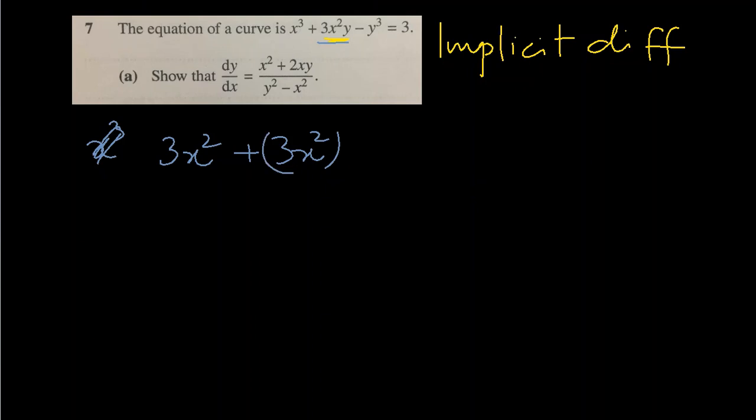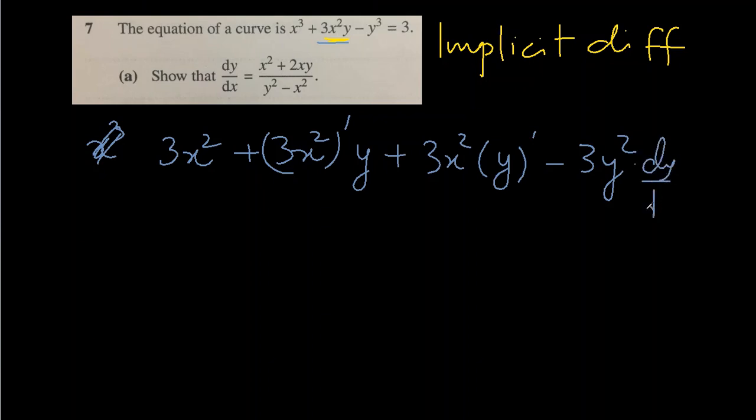3x squared prime times y plus 3x squared, and y is differentiated, minus 3y squared dy over dx, because y has been differentiated, and differentiation of 3 is 0.